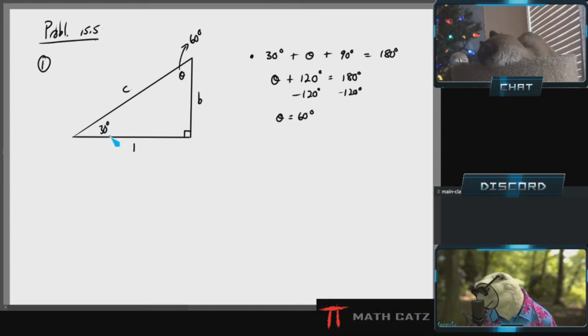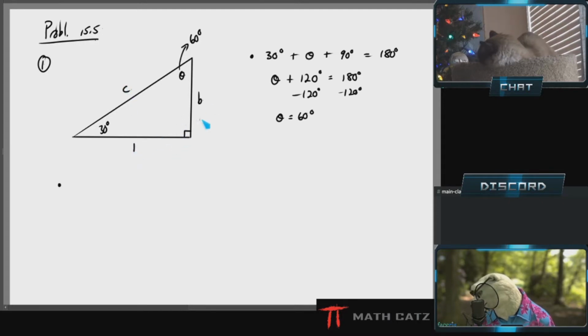So now I like to use the angle that was given, just in case I'm making a calculation mistake and I don't notice it. So I'll use 30 with its opposite side and adjacent side, maybe next, right?